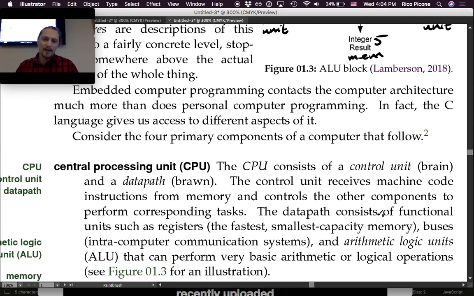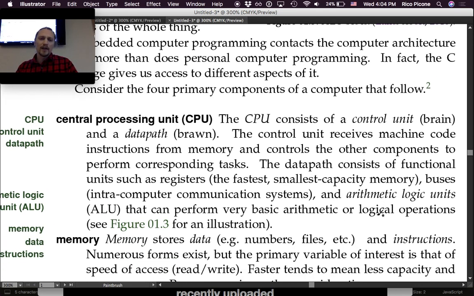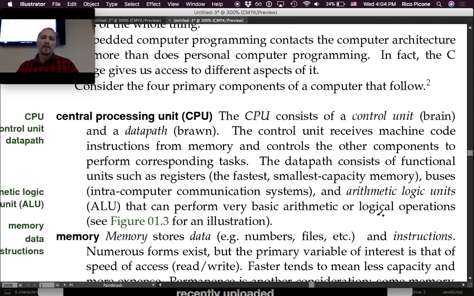Great. So ALUs can perform these very basic arithmetic or logical operations. So it could possibly be like and, or, if else, that sort of thing.